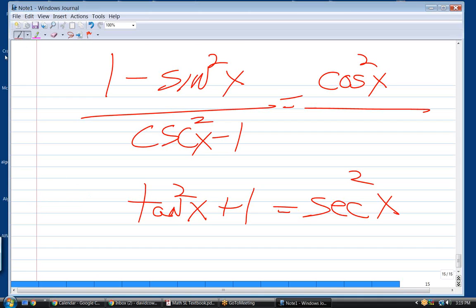Okay. Now, there's a third one. What's the third one? Remember I said that you have to memorize this one, but the third one you can always figure out by using the cofunctions. What's the cofunction of tangent?